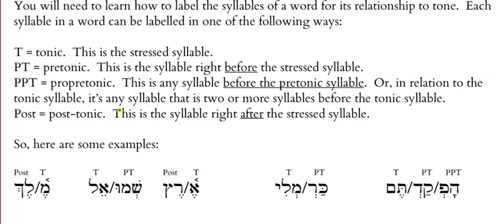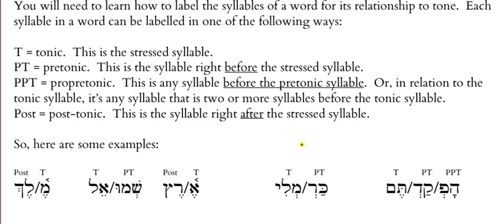In relation to the tonic syllable, it's any syllable that is two or more syllables before the tonic syllable. And then the abbreviation post means post-tonic. And this is the syllable right after the stressed or tonic syllable. So notice all of these abbreviations have their significance relative to the tone. You're either tonic or you're someplace relative to the tonic: pretonic, propretonic, or post-tonic.